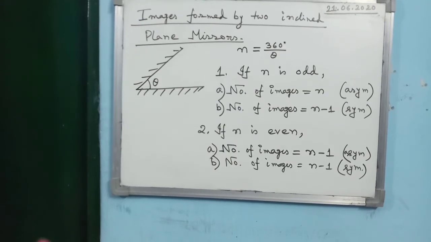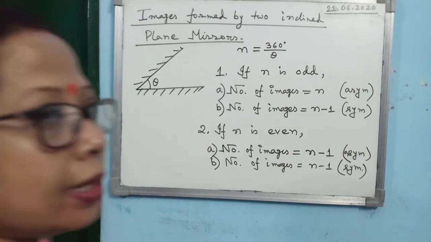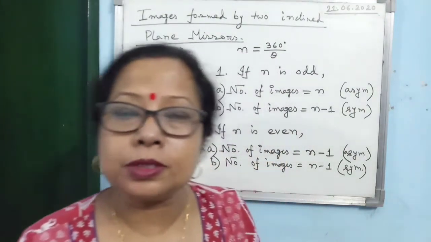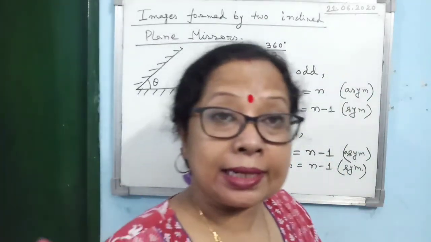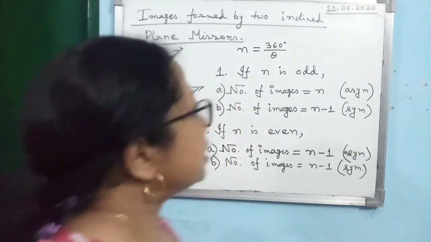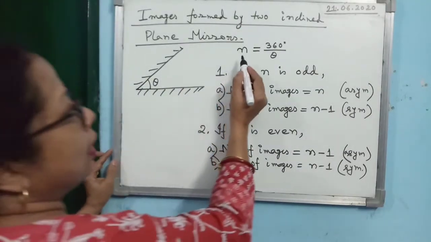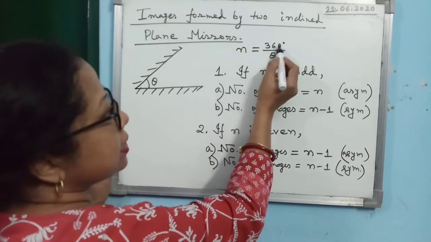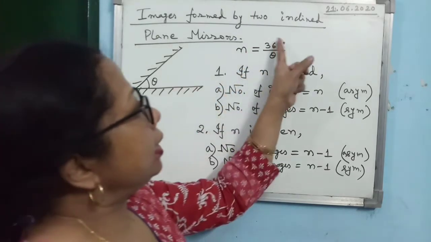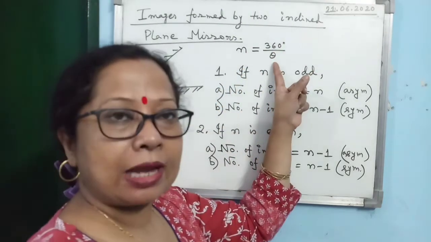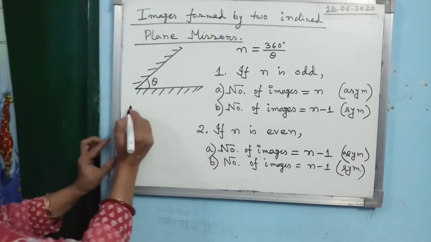Now, how to find the number of images formed by the plane mirrors? Just try to understand how to find. First of all, you have to calculate n equals 360 divided by theta. Then you divide 360 by the value of theta. I am just giving you one example.